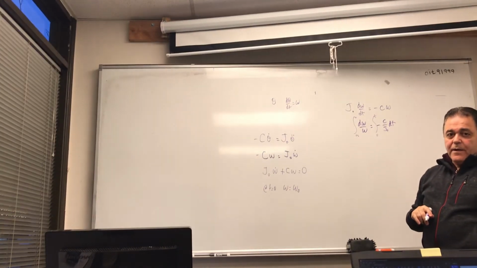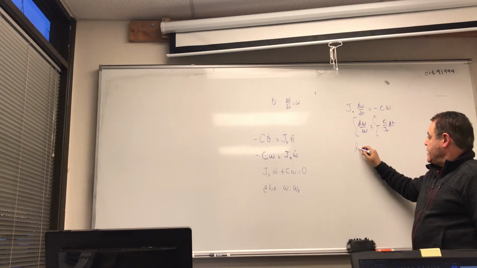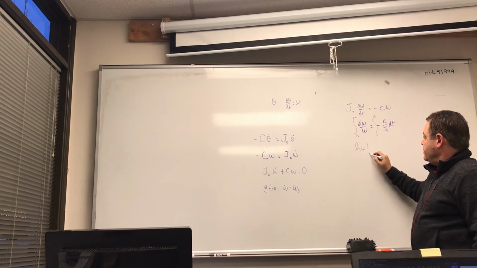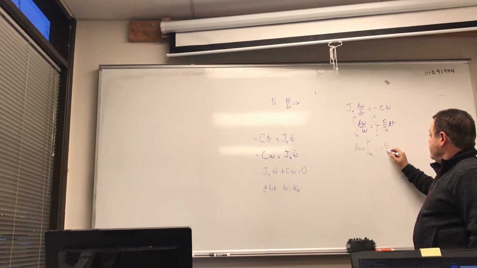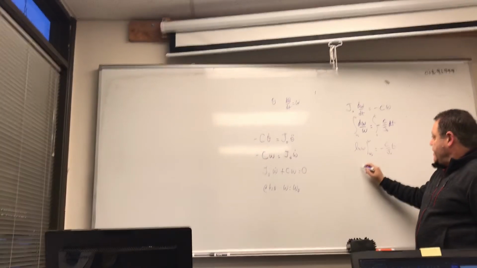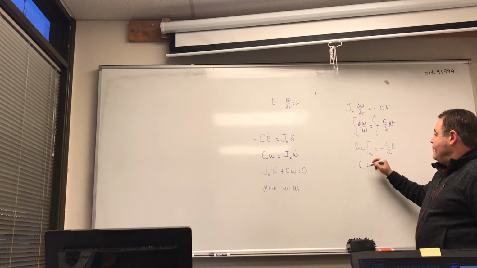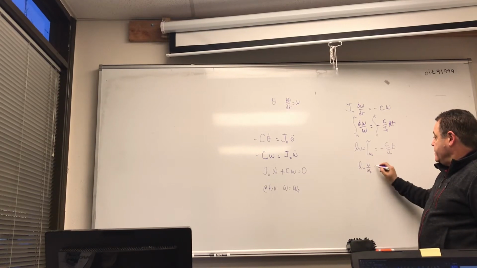Natural log of omega. So the natural log of omega evaluated between omega naught and omega equals minus c over J naught times t. But this is log of omega minus log of omega 0, which is log of omega over omega 0.